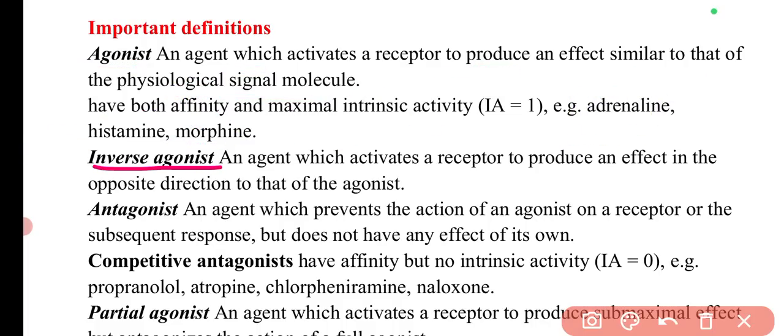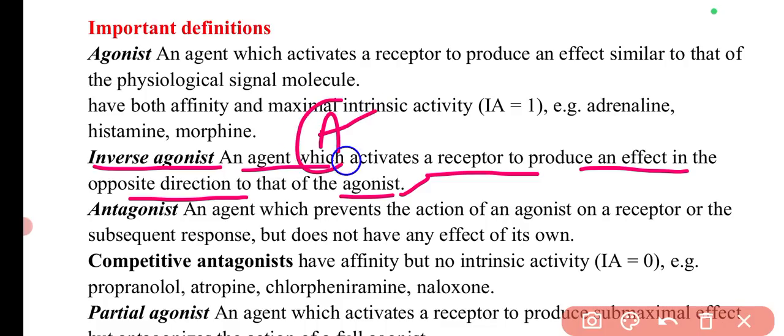Then there is inverse agonist. What is inverse agonist? So inverse agonist is an agent which activates a receptor to produce an effect in the opposite direction to the agonist. For example, if a drug is given, it will bind to this particular receptor, and it will produce some positive effect.